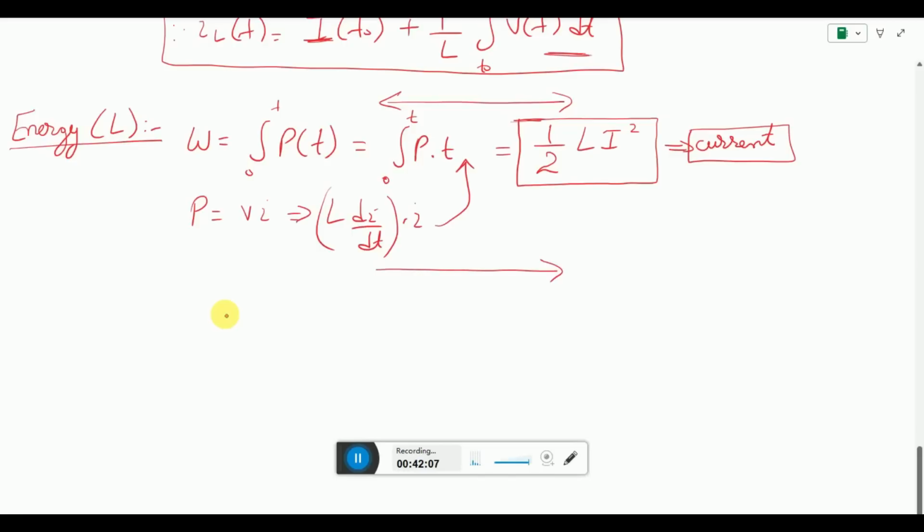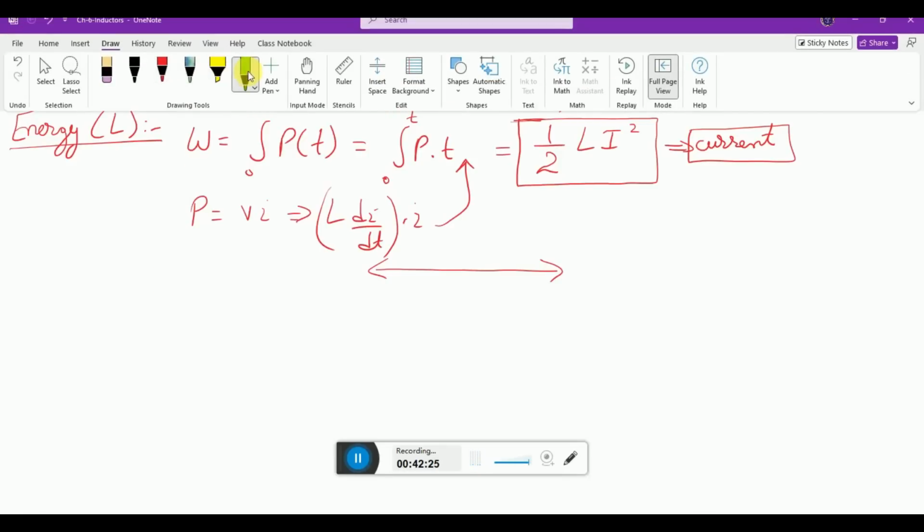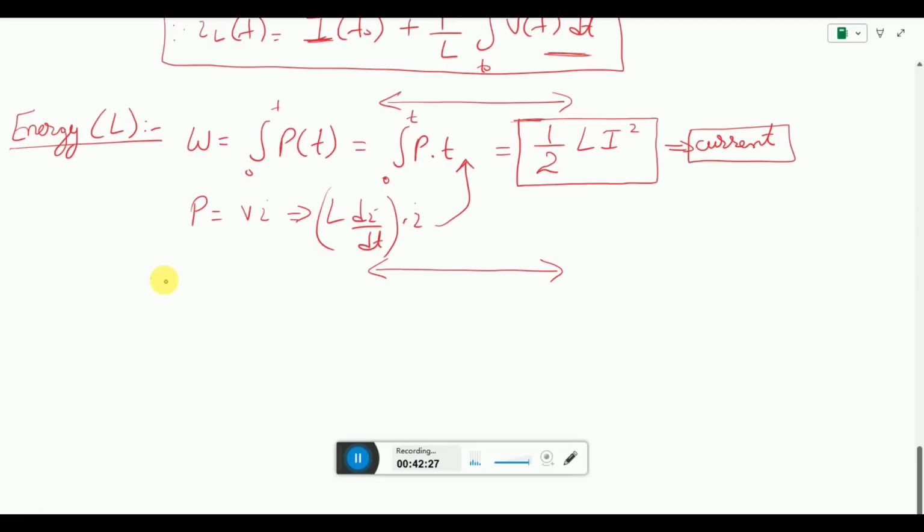Now let us see what further we can do in terms of the circuit analysis. So as we saw with resistors, that whenever resistors are available in a combination, how can we simplify those? We talked about in those lectures about R equivalent. Similarly, we are going to talk about the series and parallel combination when we have multiple inductors in any given electric circuit.